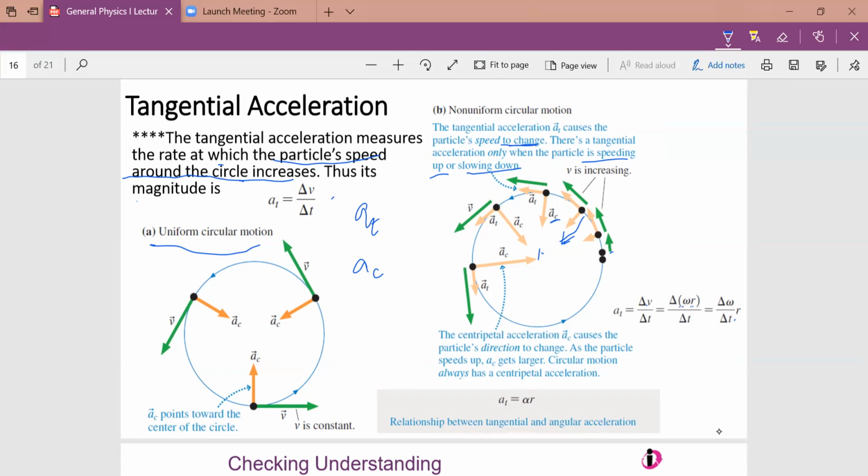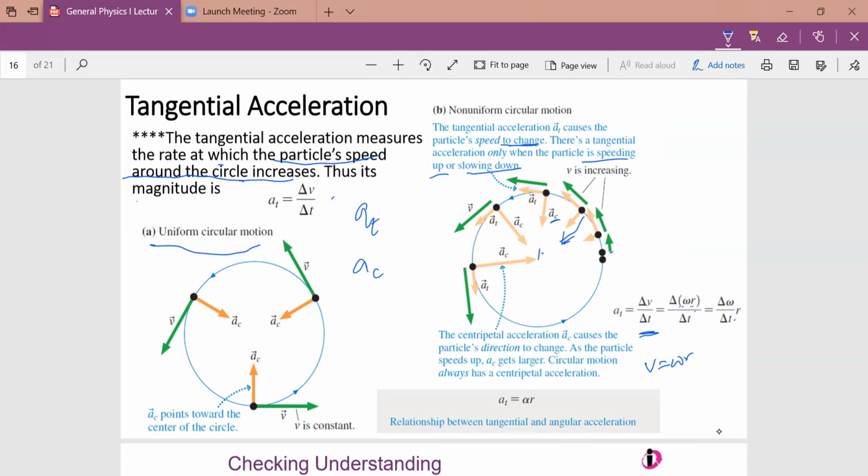So the formula for tangential acceleration is also the same, change in velocity with time. Remember we've already established that v is equal to ωr. So that's how we substituted it into this.